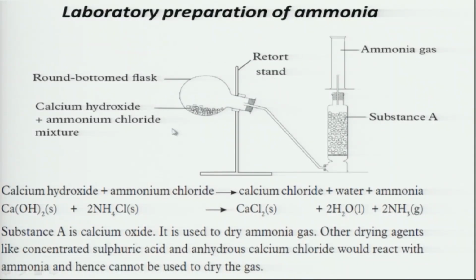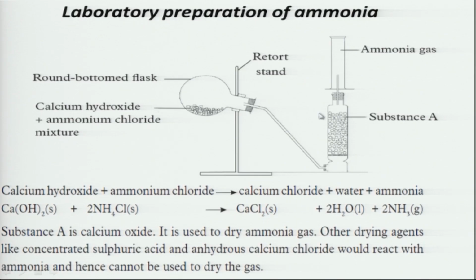So it is a round-bottomed flask, held on a little stand, connected with... there is this substance inside here. The substance is calcium oxide. The role of this calcium oxide is to dry. Since we have some water there, this ammonia is expected to be moving with some water vapor. So it is retained here.